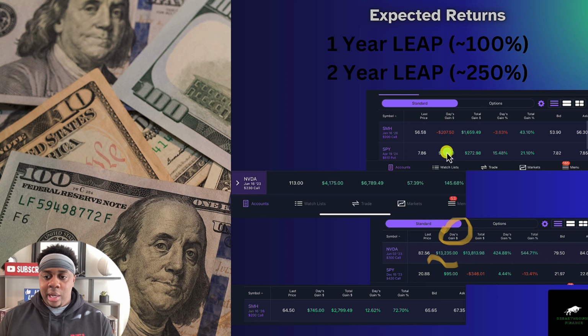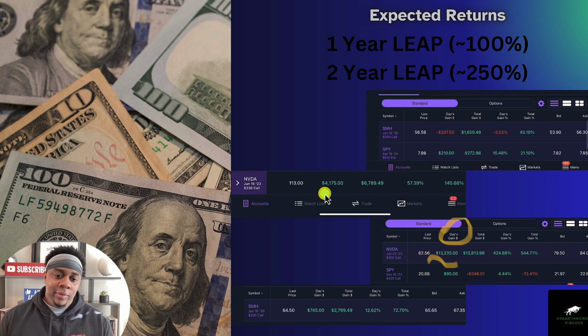On the put, I was up 210 for a total gain of 270. And when we look at the total percentage gain, 21%. In this instance, I was most likely in the call first, and then the market had run up. It got to a point where I was like, okay, we're probably going to have a little pullback, and then I placed a put. So I'm profiting in both directions at the same time.